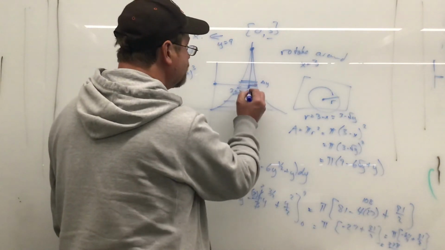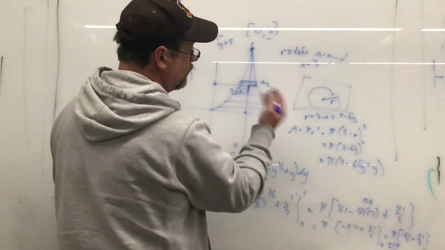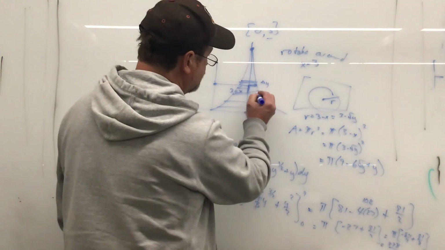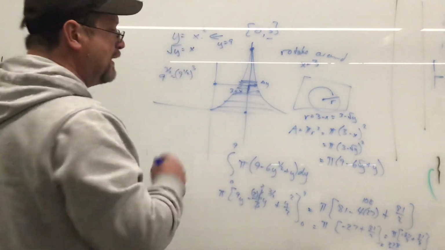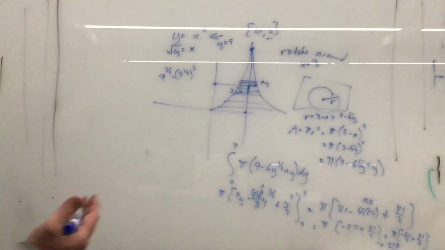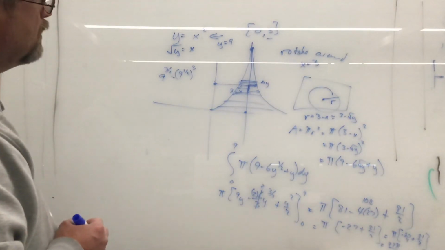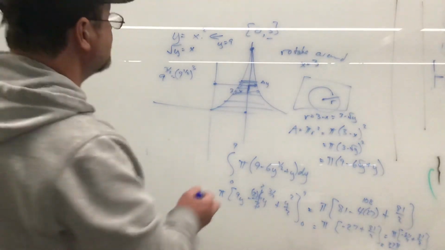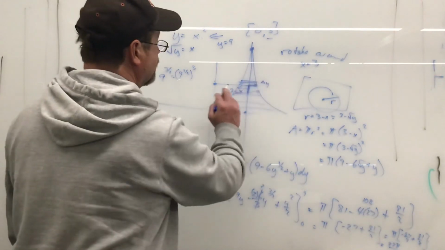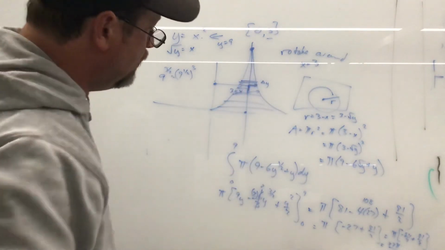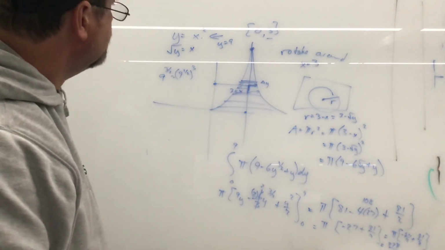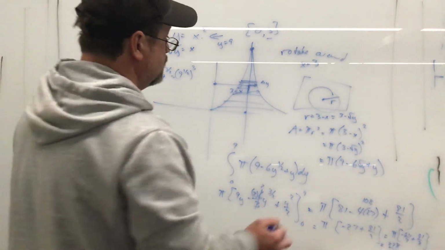The radius is from this center, so we have to look and either do 3 minus x, or we could have done 3 plus x also. And it turns out that would have given me the same result if I had done that, because I could have this curve rotating around this, and it would give me the same values, since I'm squaring it here.